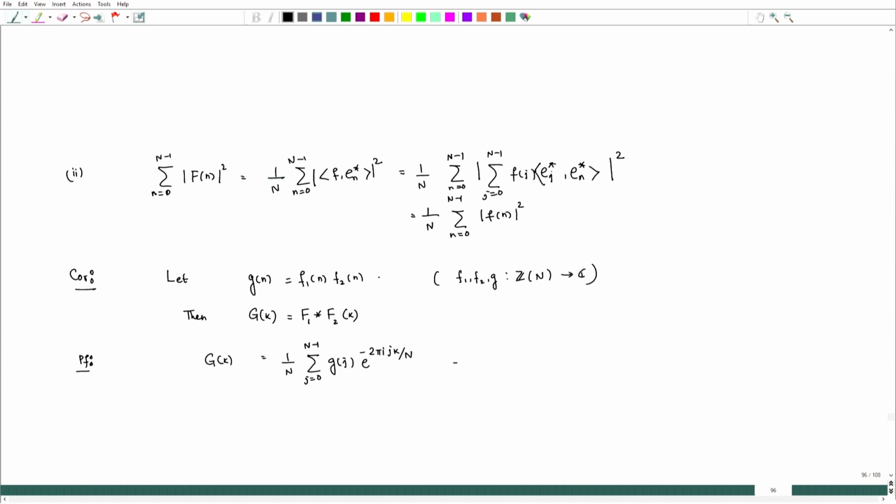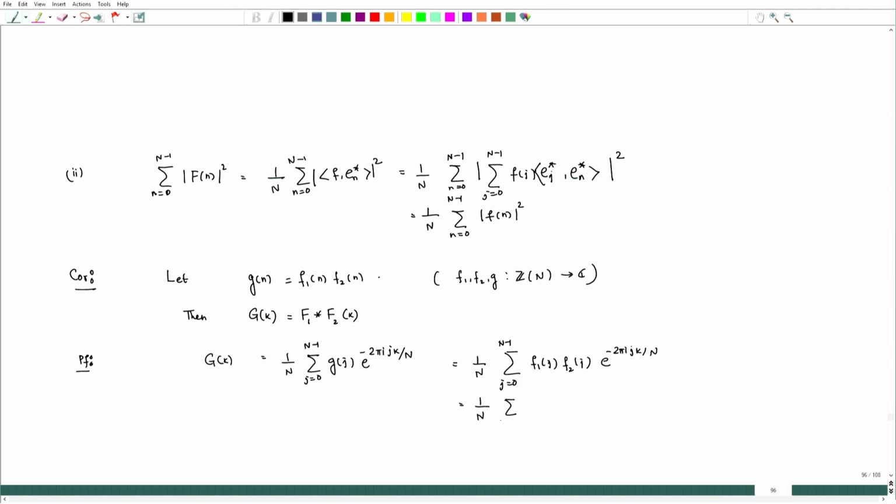Now, we will plug in the value of g. Now, we have the inversion formula with us.